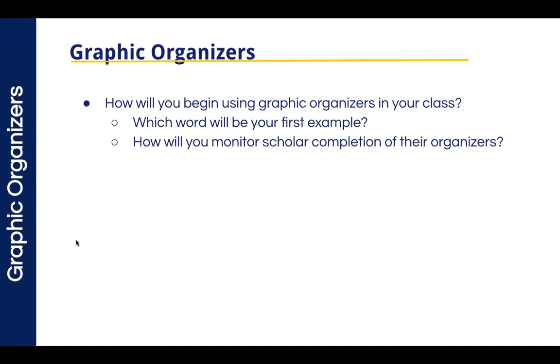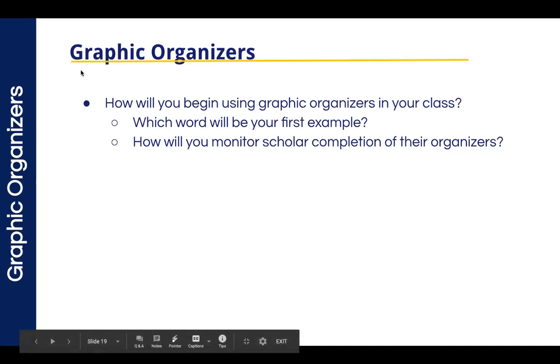And so I want you guys to think about how you're also going to monitor scholar completion of graphic organizers, especially if you're virtual. I am just curious, honestly, because I think this is something that's really hard for a lot of us right now. So if anybody has ideas for monitoring scholar completion of graphic organizers, please unmute yourself or put them in the chat.